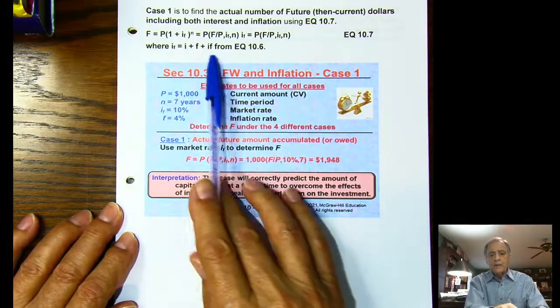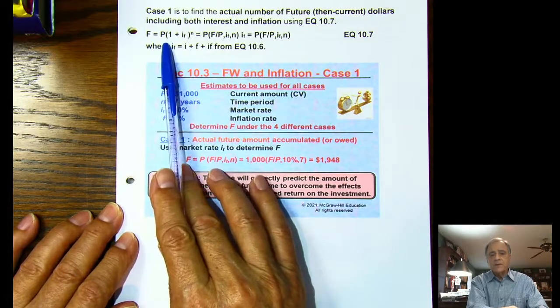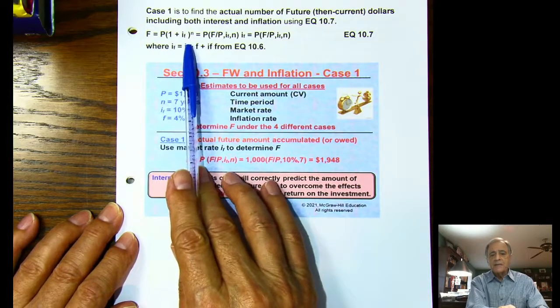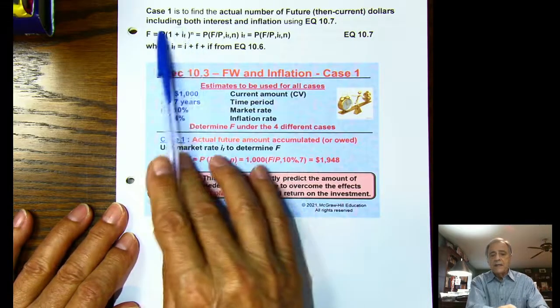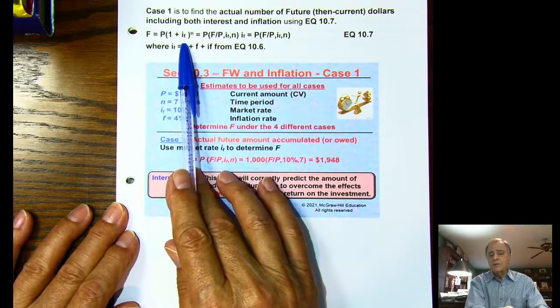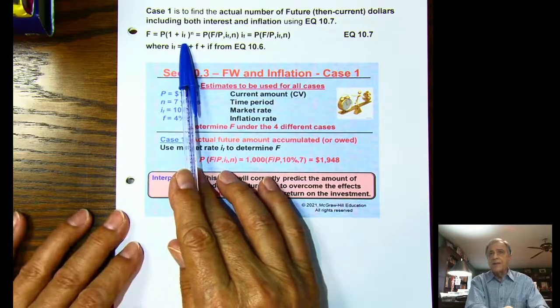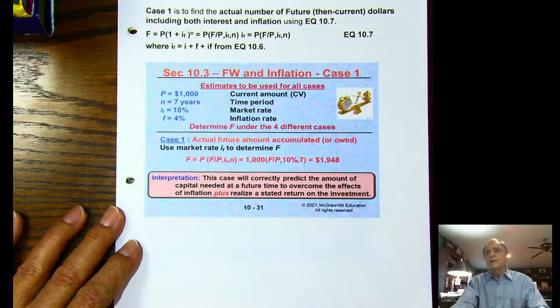So the future number of dollars is the present number times 1 plus I sub F to the n power. Well, that's the same equation, except throughout the course we've been using I, which the author says is the real rate. Okay, the market rate, in fact, you could argue is the real rate, but I shouldn't say that.